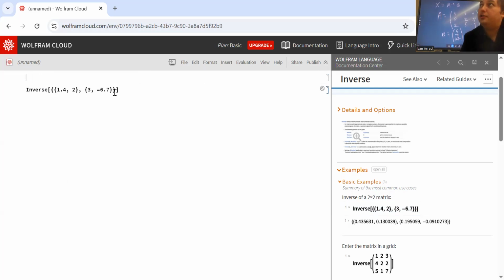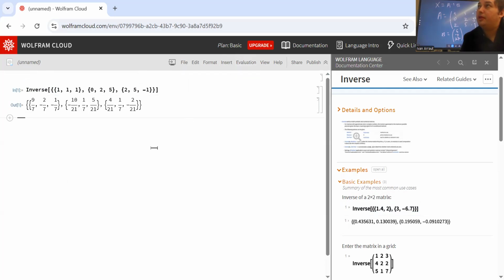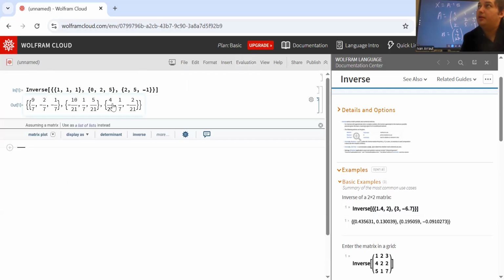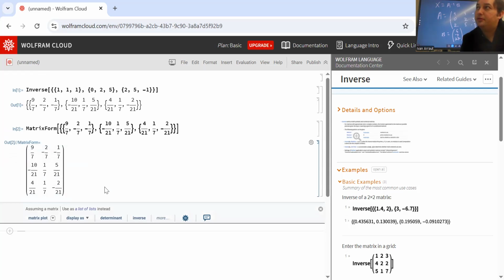Then I will change it here. Evaluation, evaluate cells. Display as matrix. This is the inverse of this original matrix.